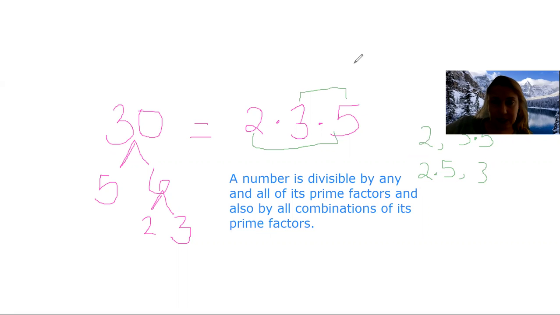Or the other possibility of a grouping is the 3 with the 2, and then leave the 5 alone, which would be 6 times 5.